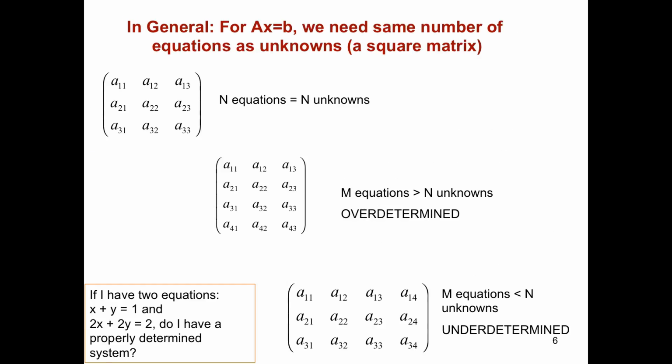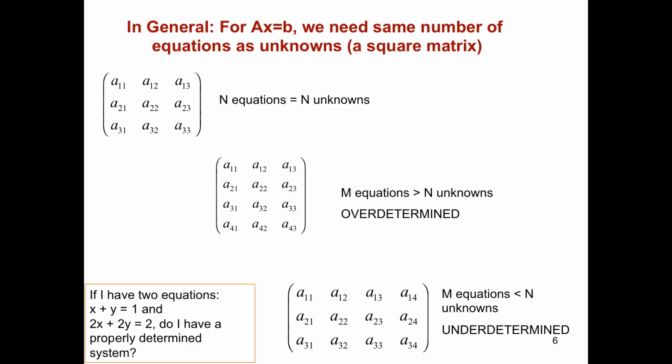All right. So just a general definition, okay? If I have Ax equal to b, in order to uniquely solve for these unknowns, I should have as many equations as I have unknowns, and those equations also have to be independent.